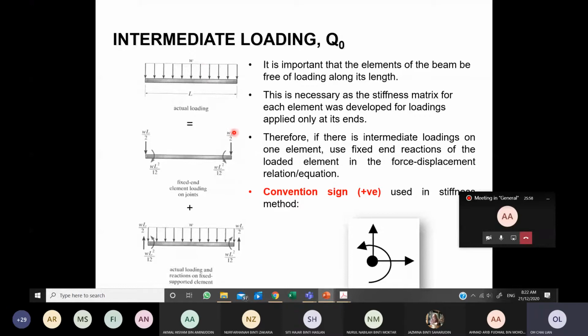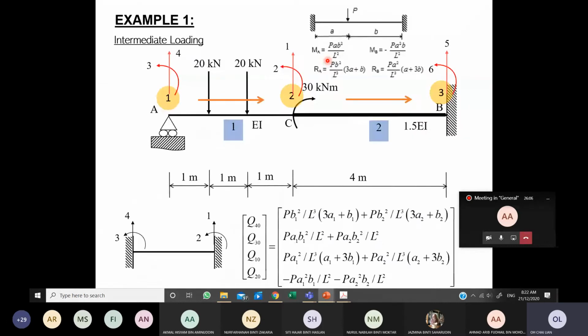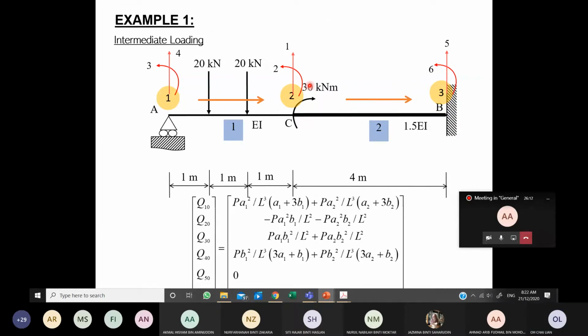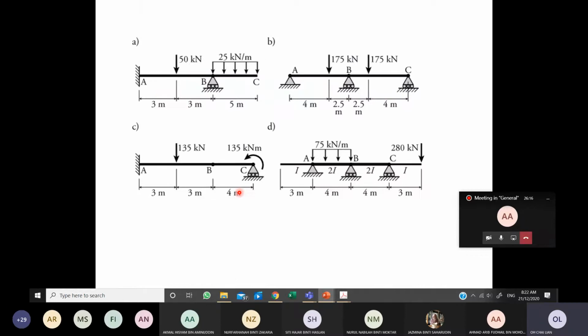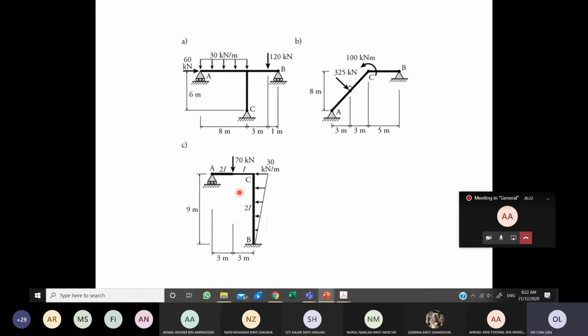Then this fixed end reaction due to the loading will be considered as Q node. So again, you determine this for your Q node vectors. Now you have also practiced on several of these problems.